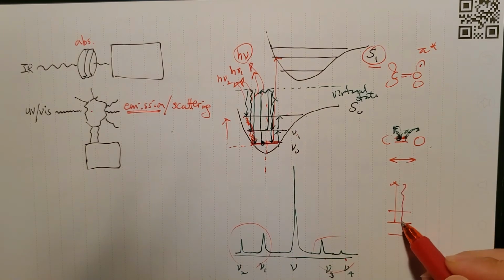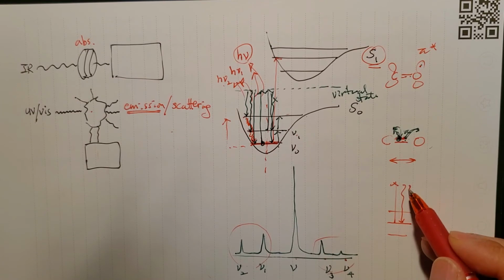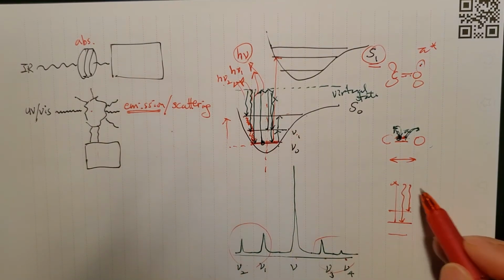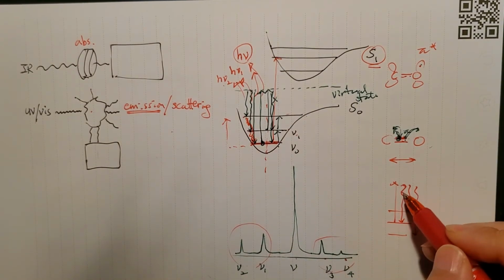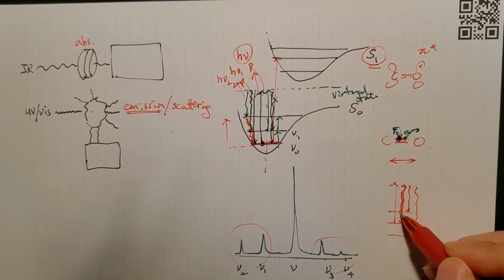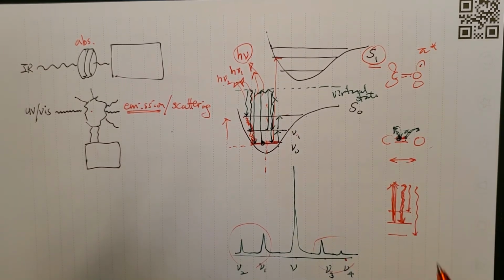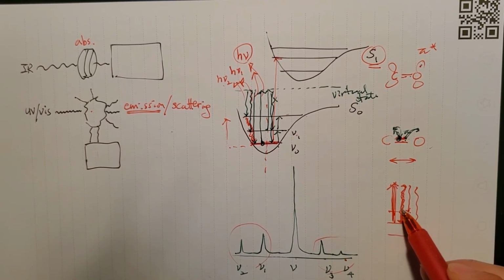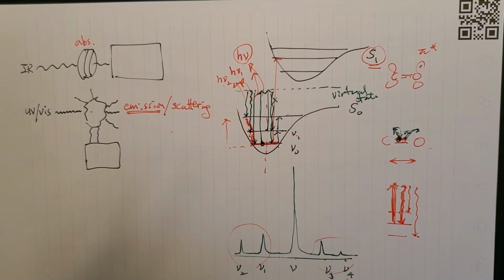Then coming down here is most likely. Then this is less likely, and even giving out more is even less likely. You emit the same amount of photon energy compared to the given energy. That's the most intense. That's V. Okay, that's like V1 and V2. That's like V3 and V4.